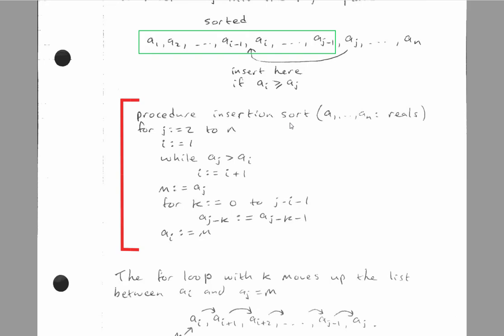The best sorting algorithms are, for example, merge sort, which works by breaking up the list in two, sorting each half, and then merging. That's a much more efficient way. It's more complicated.